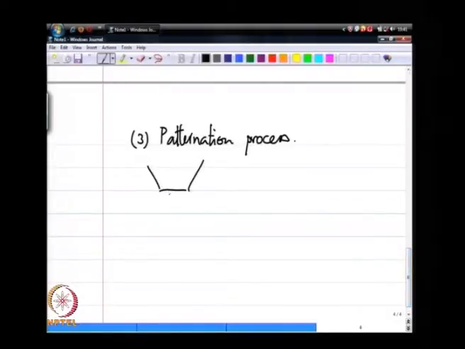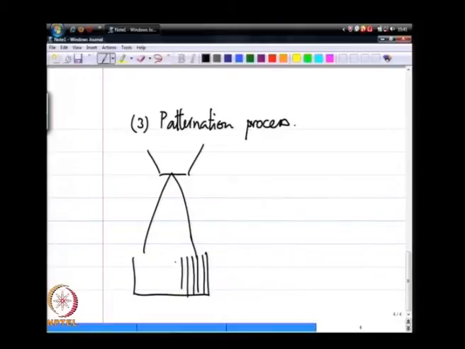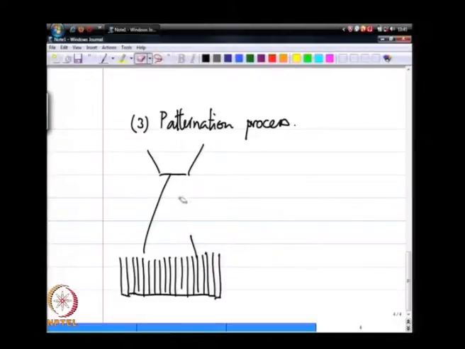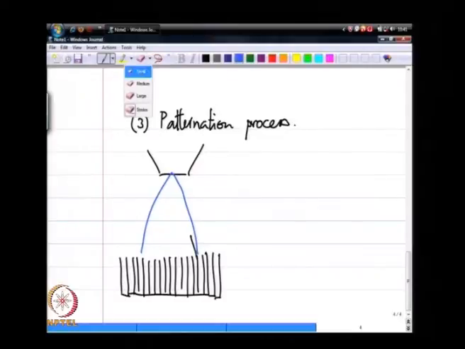So, if I take a spray and place beneath this spray a series of tubes, the liquid column in each of these tubes is going to be slightly higher and lower.